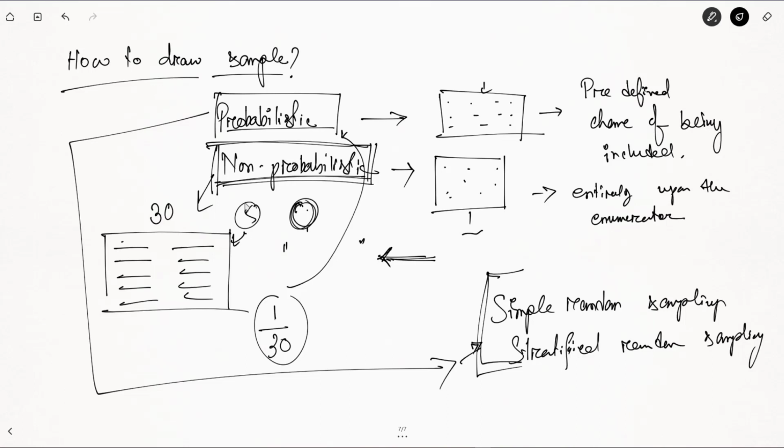So this is all about sample survey, or some basic terms of statistics that we will be using.